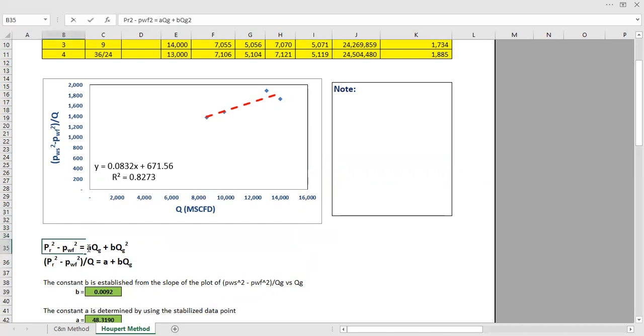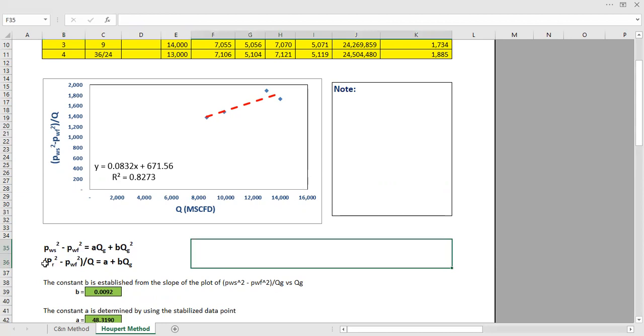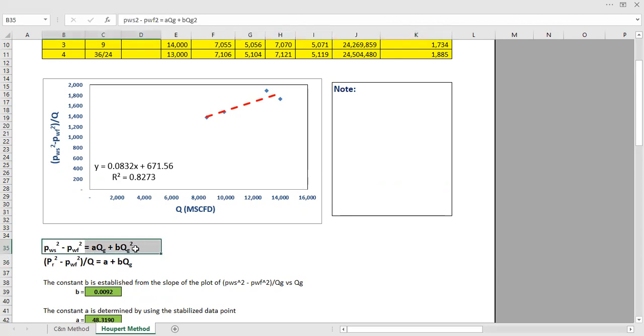But for the sake of this video, I can use PWS instead, like this. All right. So PWS squared subtracted by PWF squared equals A multiplied by flow rate plus B multiplied by flow rate squared. All right, so that's the first equation.